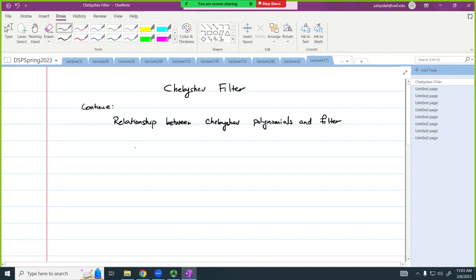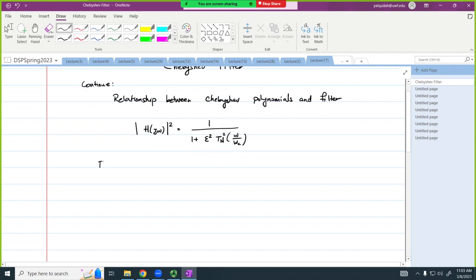The frequency response of our filter is given by 1 over 1 plus epsilon squared multiplied by Tn squared of omega over omega cutoff. We can see that when omega is less than omega cutoff, the Chebyshev function Tn squared of omega over omega c is going to be less than or equal to 1, because the argument is less than 1.